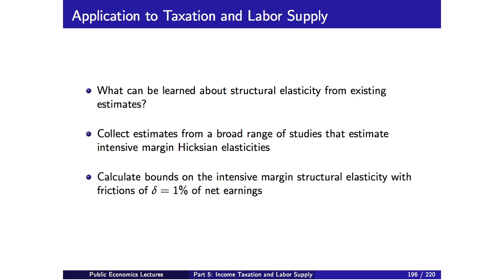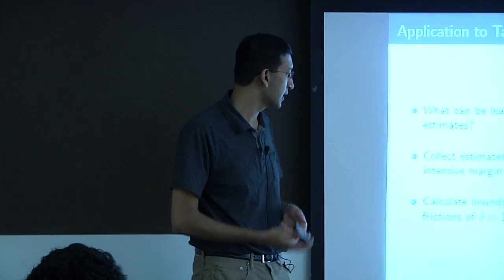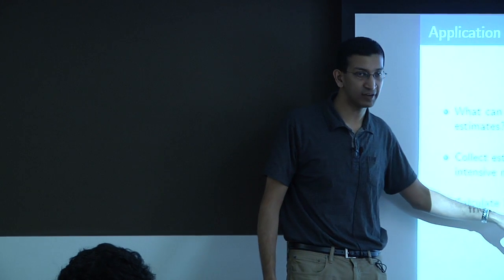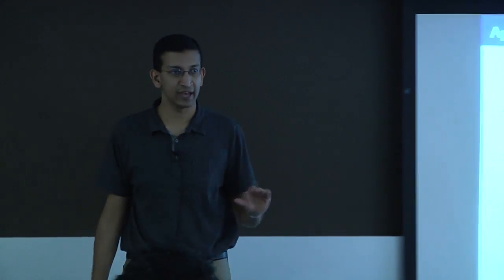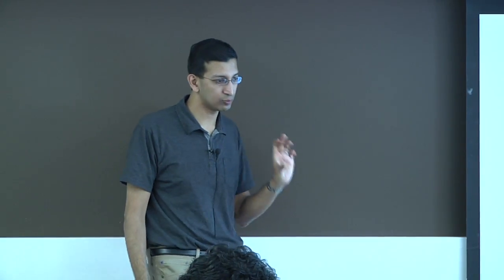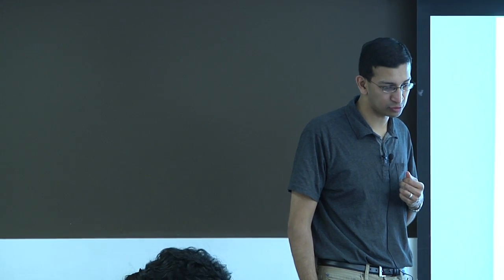We can debate whether that's a small or large number. In the end, I think what you want to do is a sensitivity analysis as you vary delta, which I'll show you, and ask how sensitive the estimates are to varying that delta, which gives you a sense of the stability of the estimates. But that's how you interpret it: what fraction of GDP is being left on the table because of suboptimal choice?